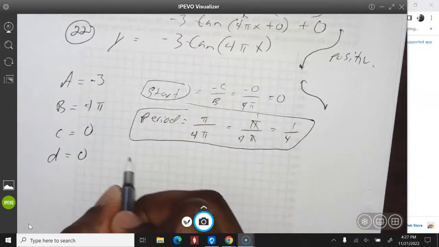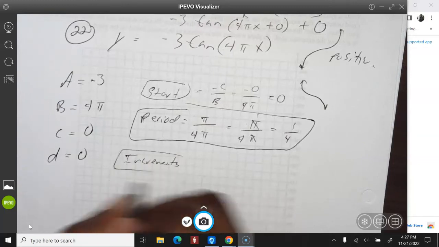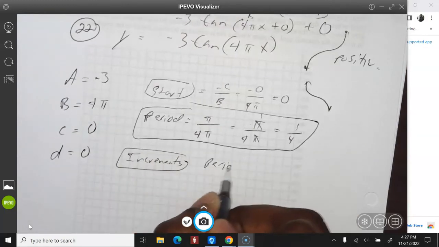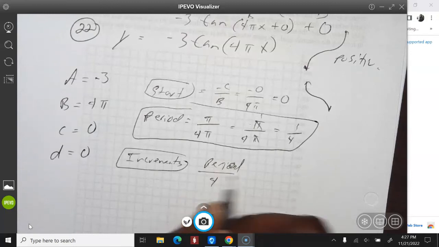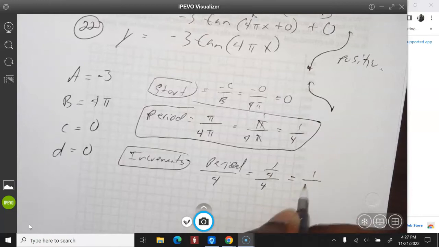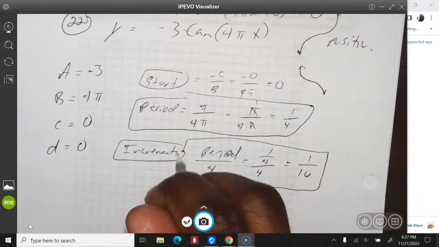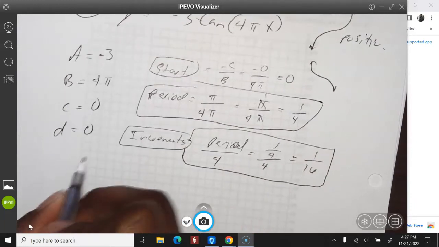And then the next thing, my increments. Increments here is going to be period over 4, which is 1 over 4 over 4, which is 1 over 16. So now my increments are 1/16. And the steps.